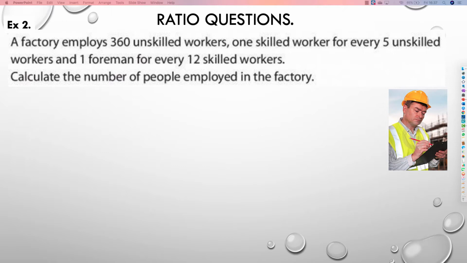So off you go and tell me how we're going to find the ratios. You don't know. Right. So, the first bit of information. What is the first bit of information that we do? 360. Right, 360 unskilled.